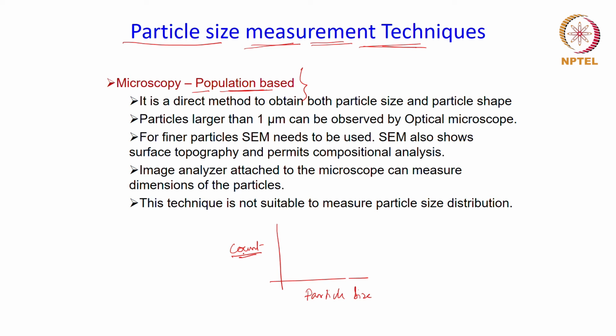Okay. So, that is exactly why it is known as the population based method, because you actually report the population or the count, that is the number of occurrences of a given size. Okay. So, that count is reported or plotted as a function of the particle size, right.